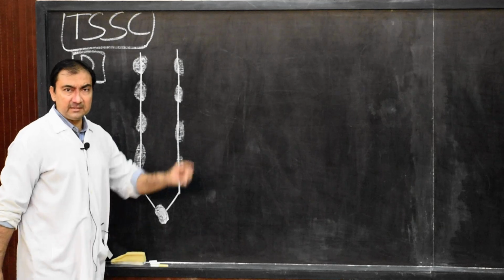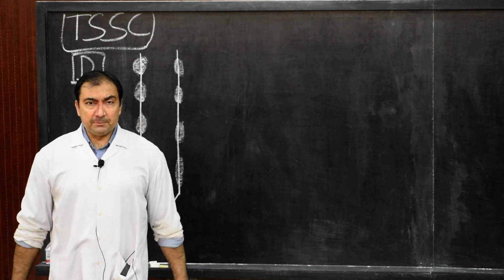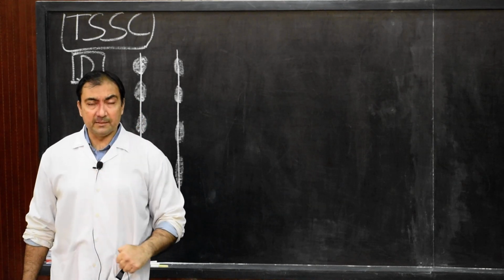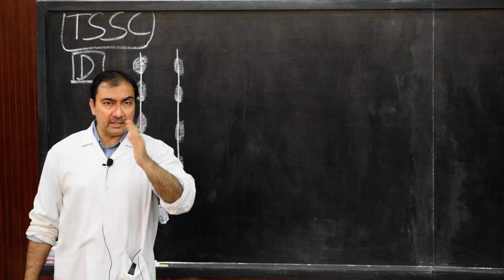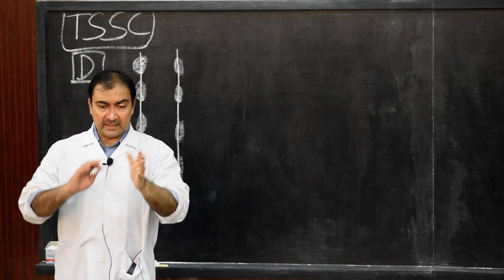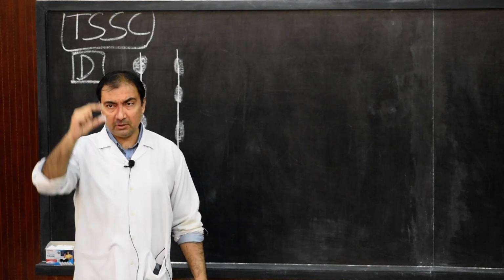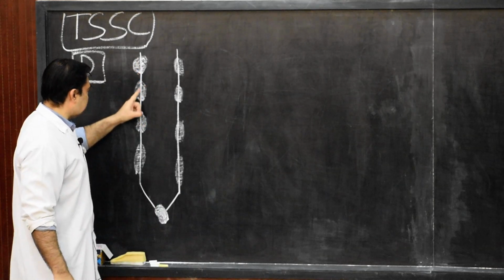Now we are interested in the thoracic part of the sympathetic chain. The thoracic part of the sympathetic chain will contain 11 or 12 thoracic ganglia. These 12 or 11 thoracic ganglia on the right and left side are joined with each other at all the different levels by nerve cords like this.